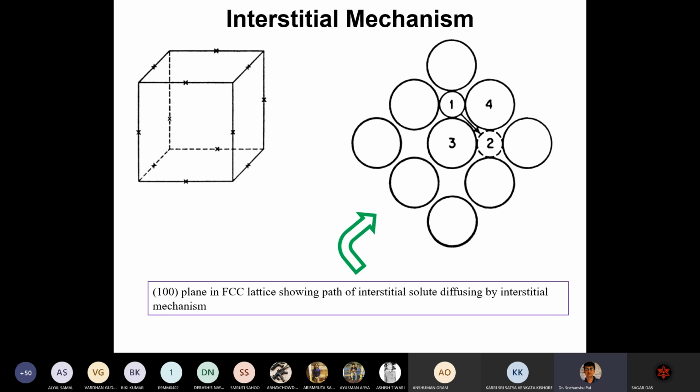The interstitial mechanism, what we discussed now, operates in alloys where the solutes normally dissolve interstitially. Suppose you check carbon in alpha or gamma iron in the case of steel, a very well known alloy, that is an interstitial alloy.